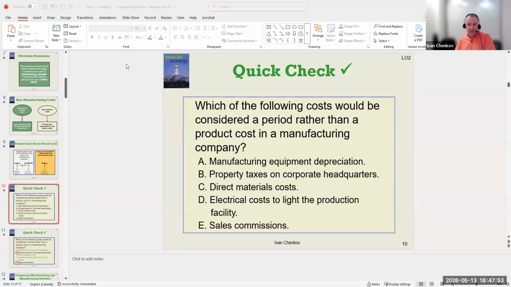If it's not related to manufacturing or production, it's going to be period cost. Let's go with the first one, manufacturing equipment depreciation. What do you think? Product or period cost?